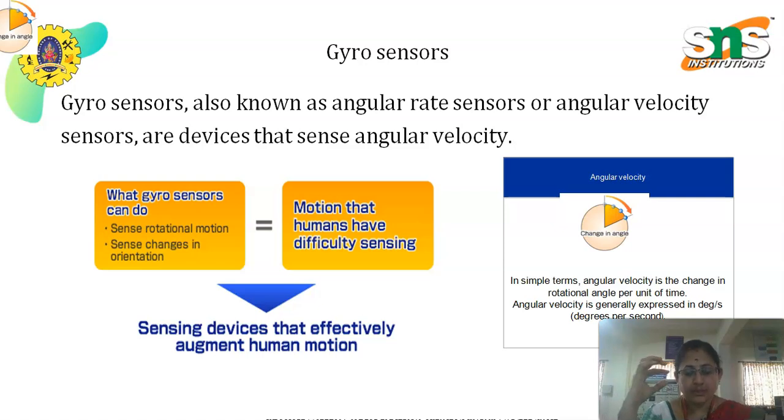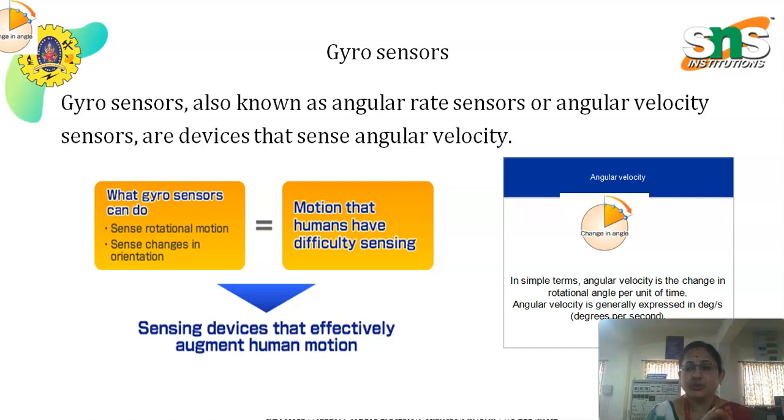Because humans have difficulty sensing this motion, and in areas that are very difficult to reach, we can use the gyroscope to sense the rotation of the object. The gyrosensor is a sensing device that effectively augments human motion.